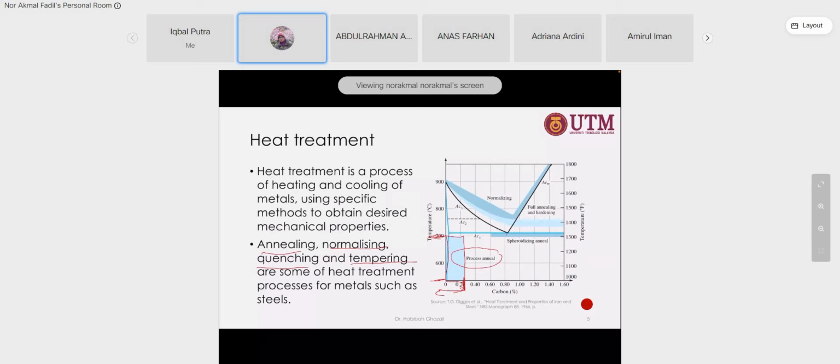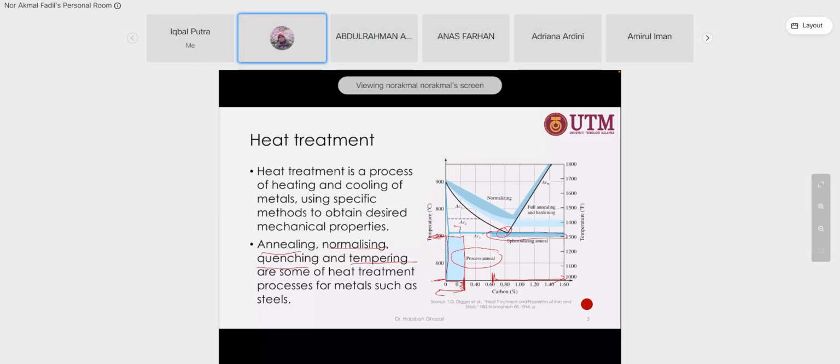If we have high carbon content, maybe starting from 0.61% carbon and up until the maximum steel composition, if you want to conduct a heat treatment process, you need to select a temperature just below the eutectoid temperature.